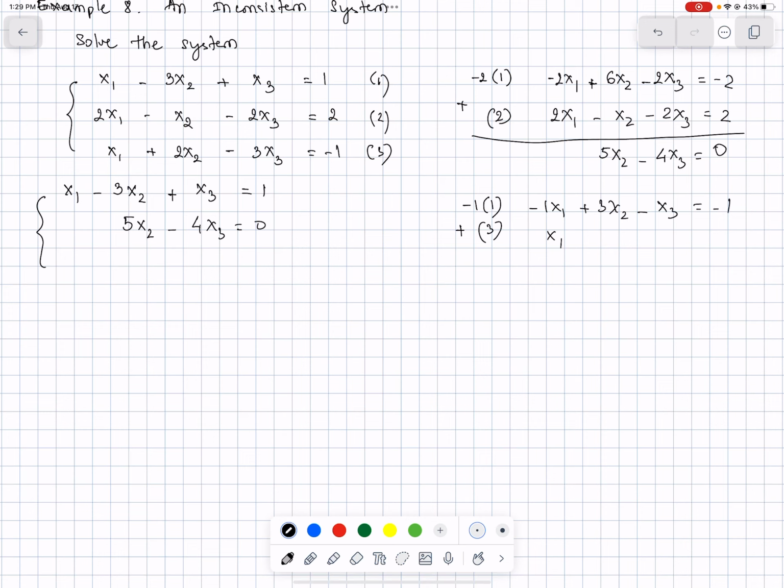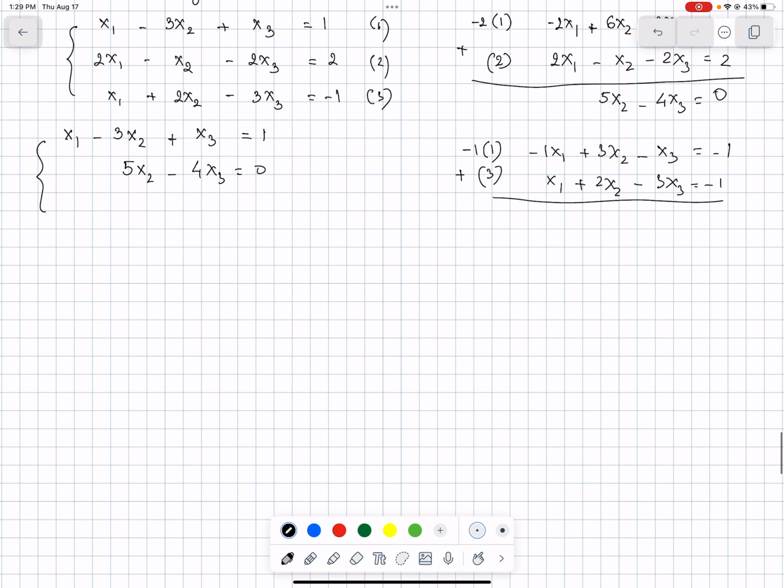Equation number 3 we copy again. And then we add them up. So we will eliminate x1 and we get 5x2 minus 4x3 equal -2.